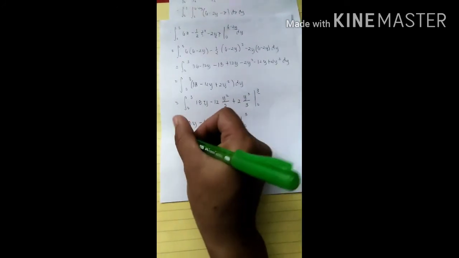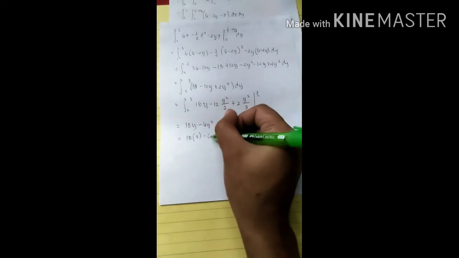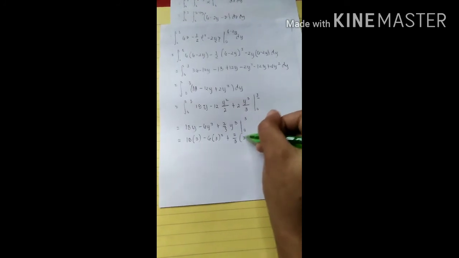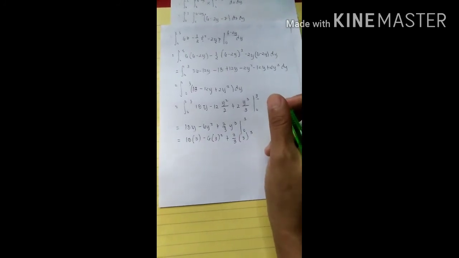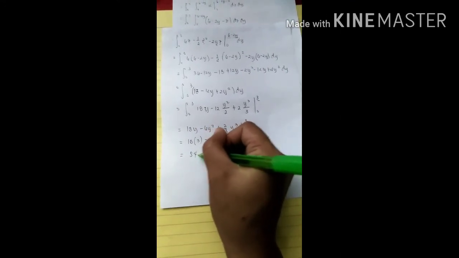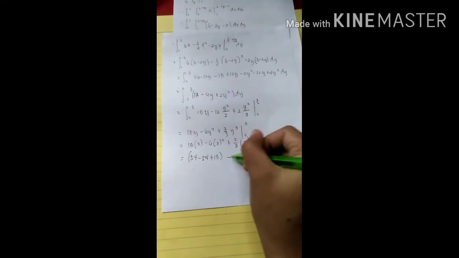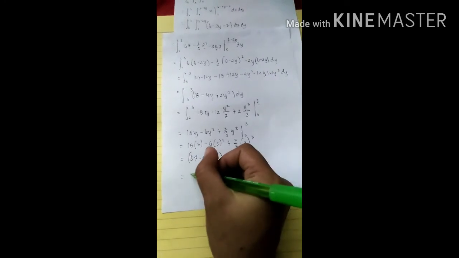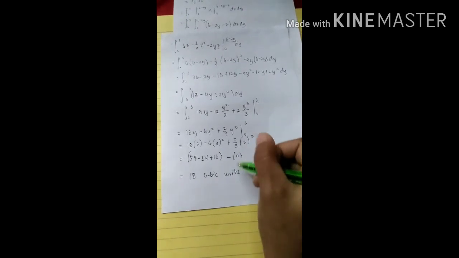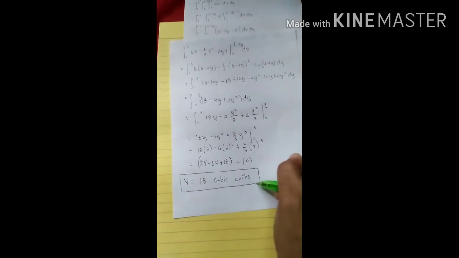So we have 18 times 3 minus 6 times 3 squared plus 2/3 times 3 cubed. This will be equal to 54 minus 54 plus 18 minus 0. So the answer will be 18 cubic units. So this will be the volume of the solid.